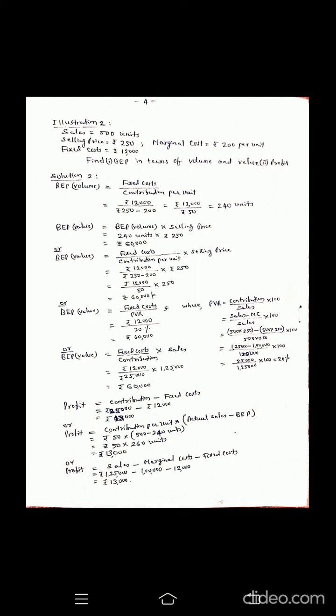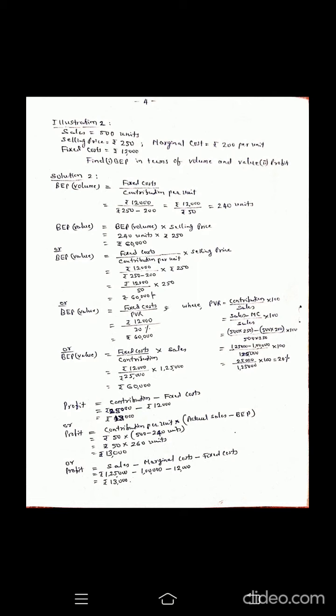Selling price is 250, marginal cost is rupees 200 per unit. So difference between selling price and marginal cost is contribution, that is rupees 50 is the contribution per unit. Fixed costs are rupees 12,000. So 12,000 divided by 50, that is equal to 240 units. So BEP in terms of volume is equal to 240 units.